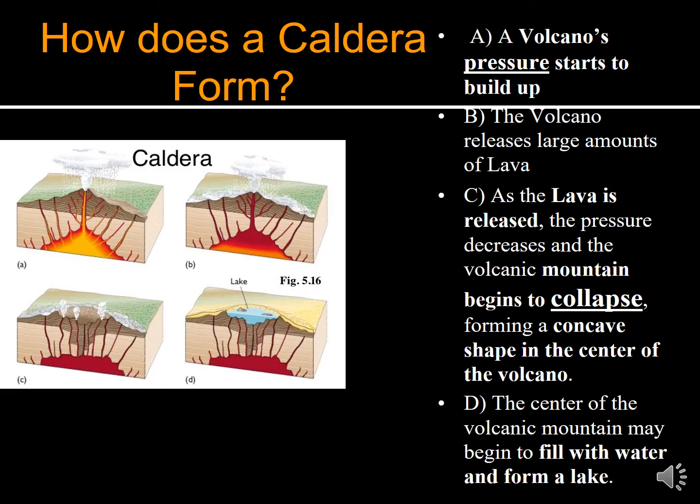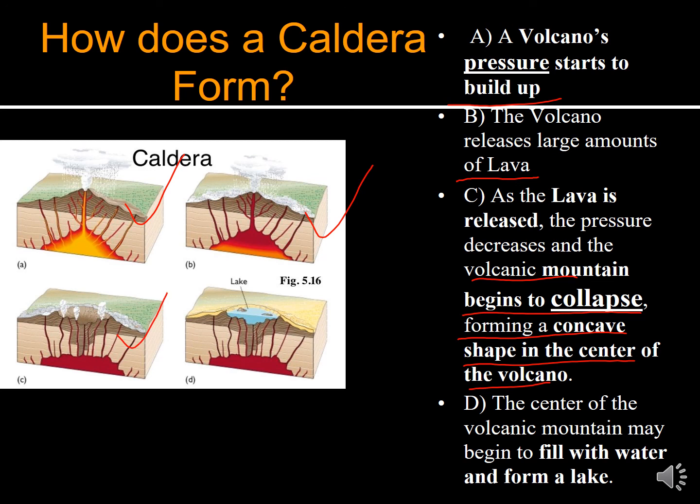So I mentioned this earlier, but how does a caldera form? Well, volcano pressure builds up. The volcano releases large amounts of lava, okay? So I'm showing you, build up, releases a lot of lava. Now, as the lava is released, the volcano mountain begins to collapse and make a concave shape. As you see, after it blows up, it kind of sinks in.